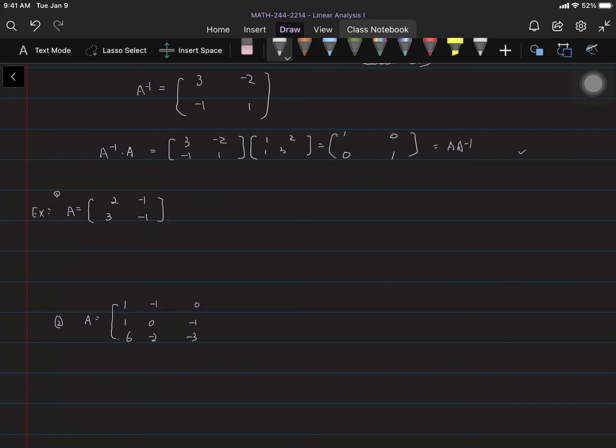Please try to do this by yourself. And here I can give the solution. The inverse matrix for that one is -2, -3, 1.